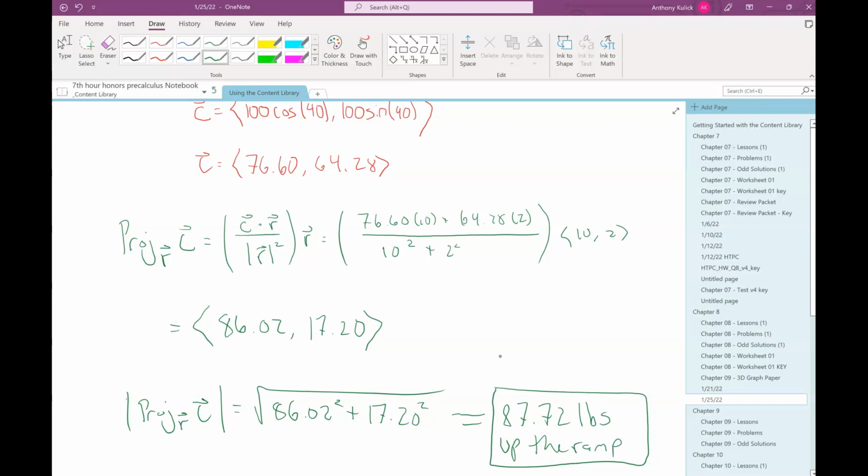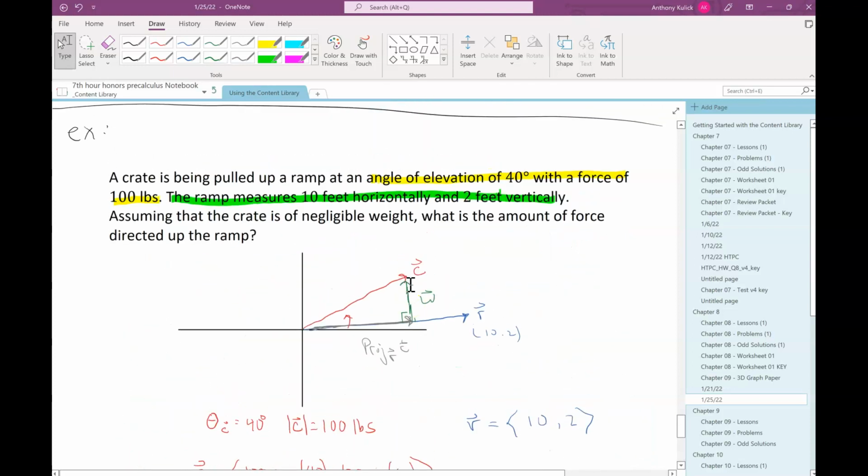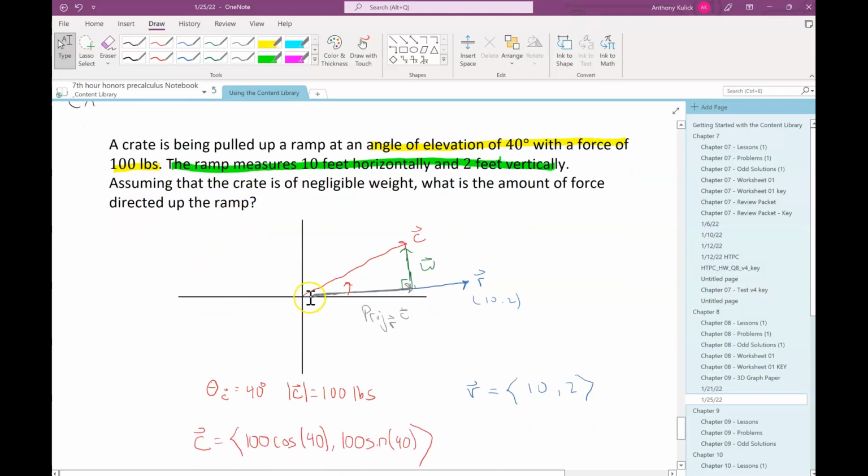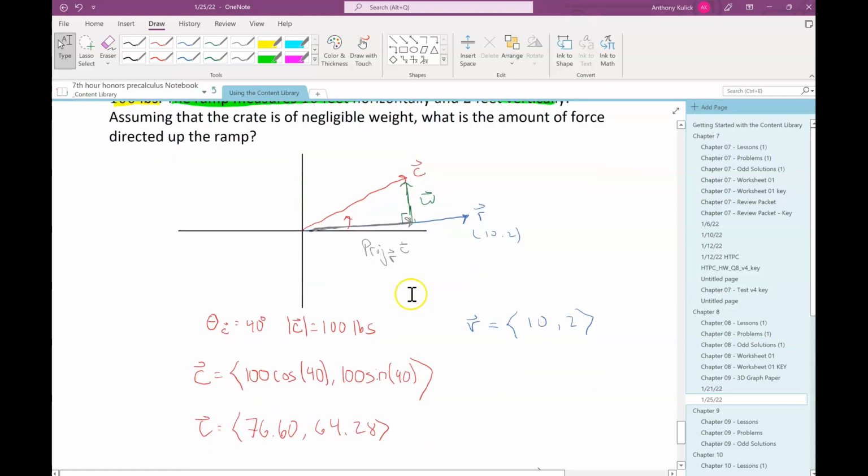So just to summarize again what we're doing here. We started by taking the story problem and resolving it into two vectors, drawing ourselves a little picture of the situation. The two vectors that we have, we need to resolve into component form. Sometimes in the case of vector r, the component form is basically given to us in the question.